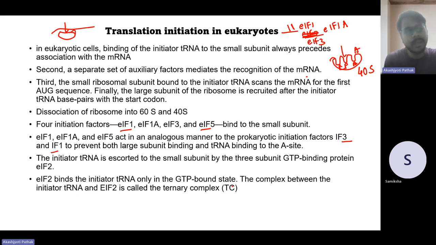Then, as soon as the elongation process is about to start, the 60S and 40S subunits get associated and form a complex. And then after the termination process, the two subunits are again dissociated.